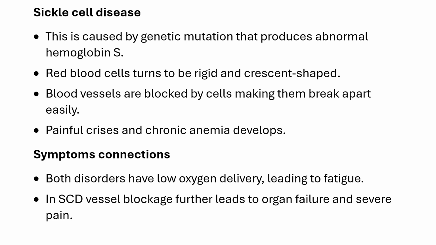Sickle cell disease is caused by genetic mutation that produces abnormal hemoglobin. Red blood cells tend to be rigid and crescent-shaped. Blood vessels are blocked by the cells, making them break apart easily. Painful crisis and chronic anemia develop.